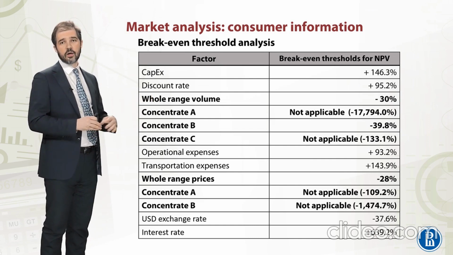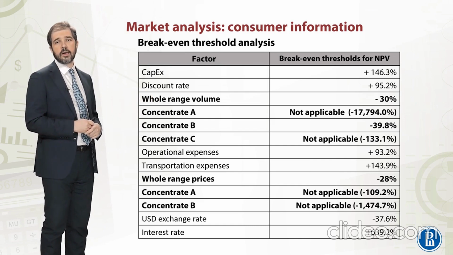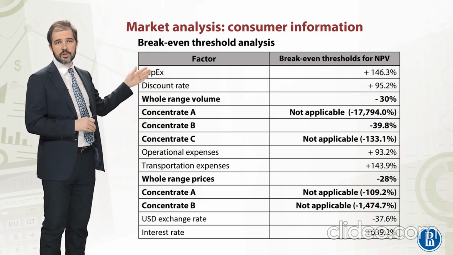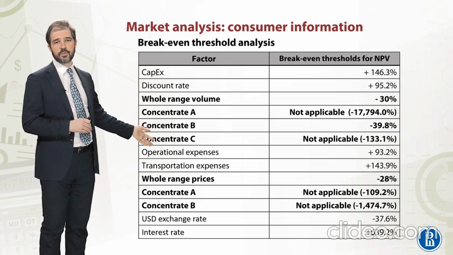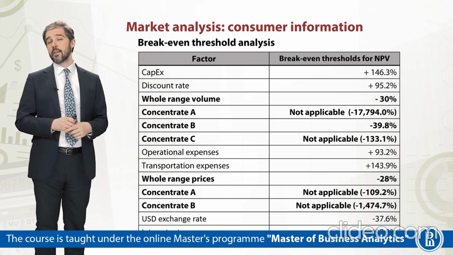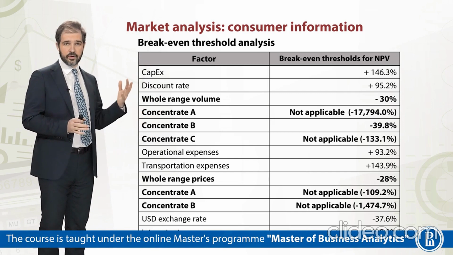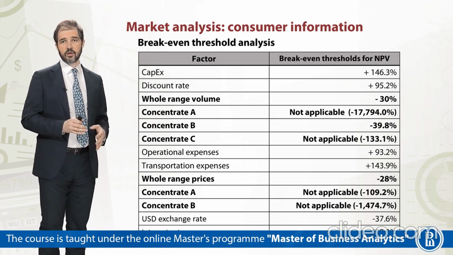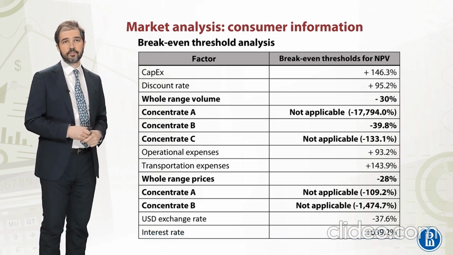Okay, and we have also additional break-even analysis here for operational expenses, for transportational expenses, for USD exchange rate, for interest rate, and for all the factors that you consider reasonable in your specific project.